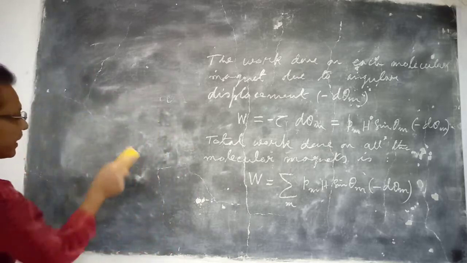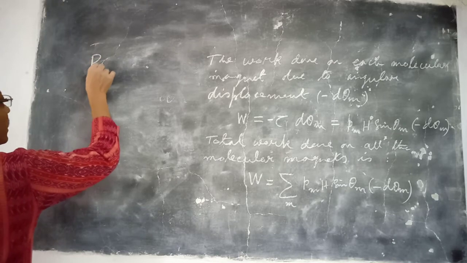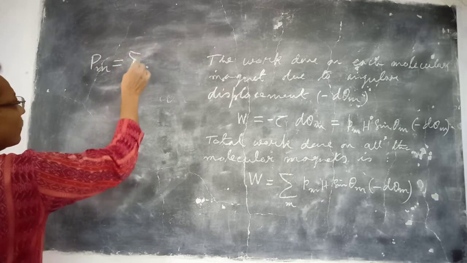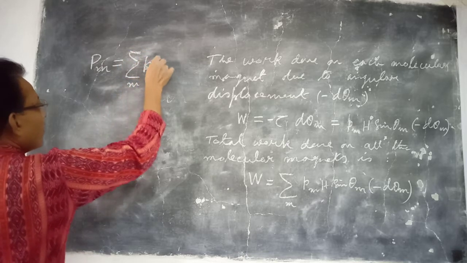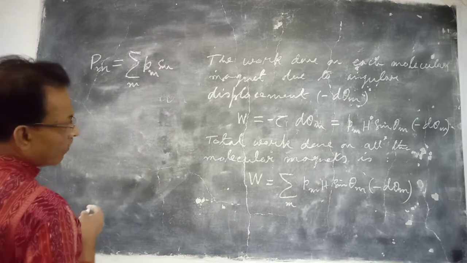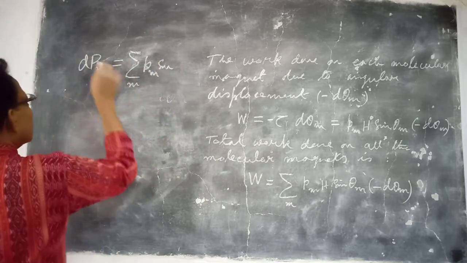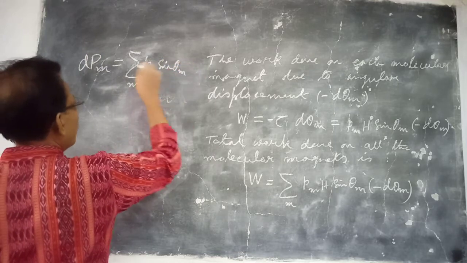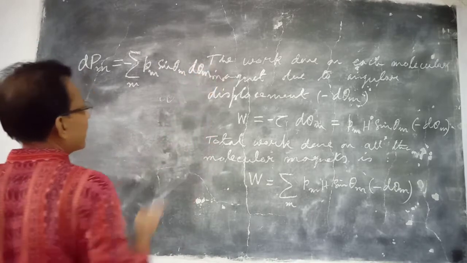And what is the quantity Pm, the total intensity of magnetization? That is Pm, small increment sin theta m minus sin d theta m.